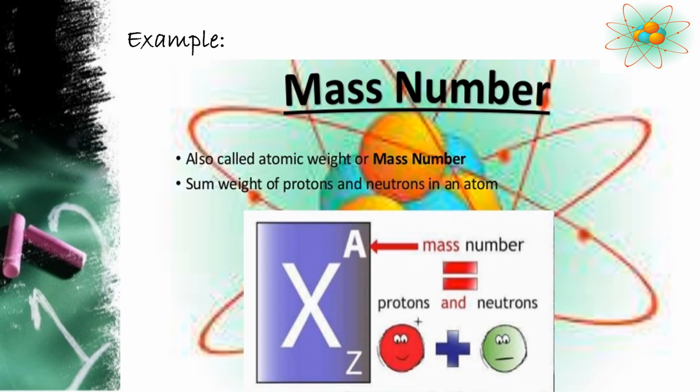Now, usually atoms have the same number of electrons and protons. So then the atom has no charge, it is neutral. But if you rub things together, electrons can move from one atom to another. Some atoms get extra electrons, so they have a negative charge.